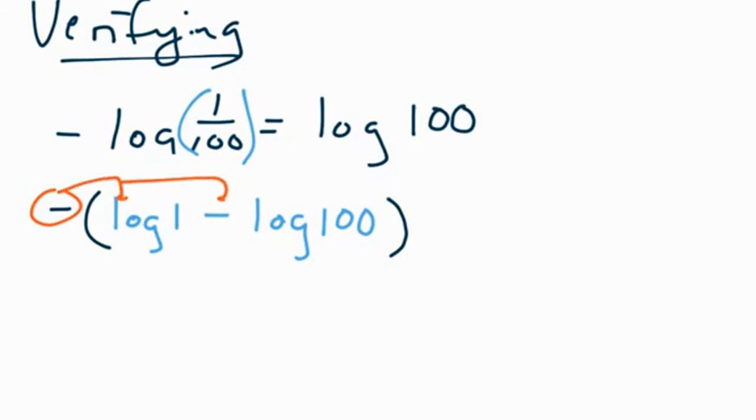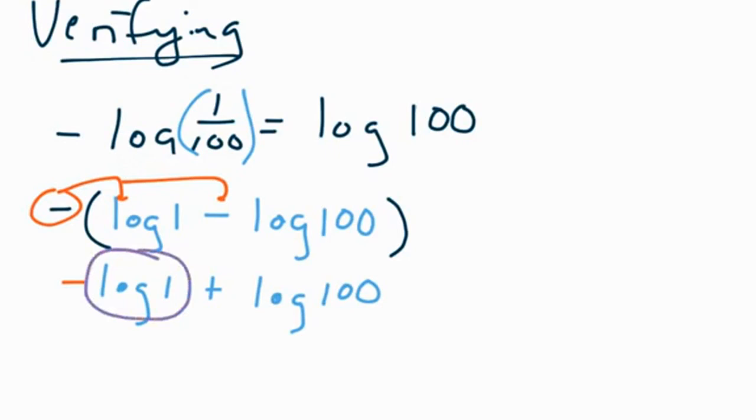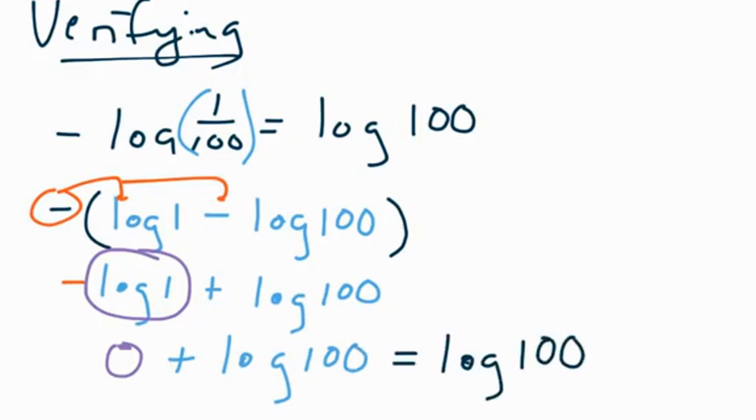That's a little bit of the trick to this problem. So now I have negative the log of 1, but I have positive log of 100. Well, the log of 1, remember, the log of 1 is always equal to 0. And so thank goodness, because now we're able to see that we get the log of 100, which of course is equal to the other side of the equation.